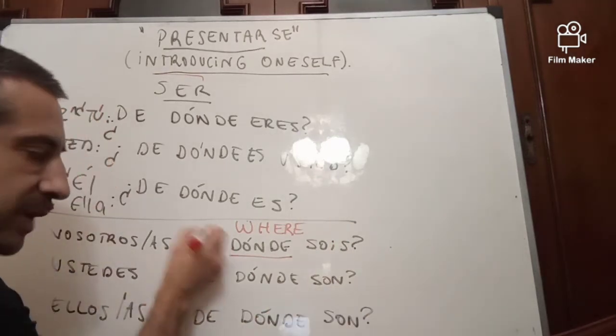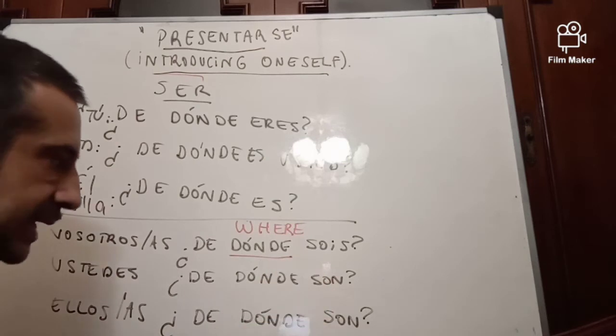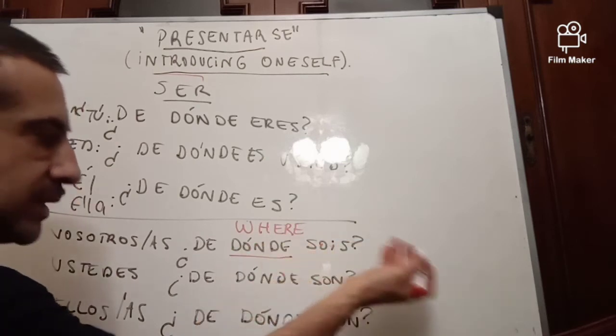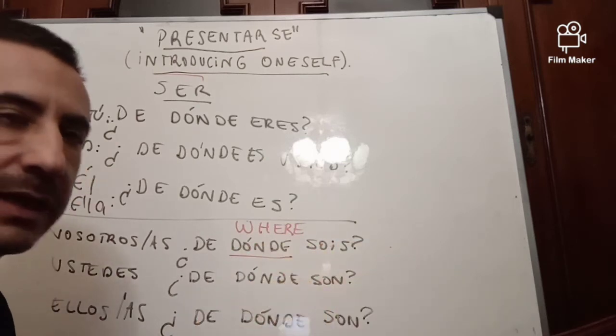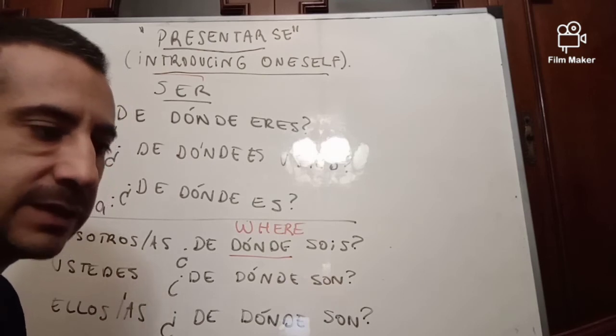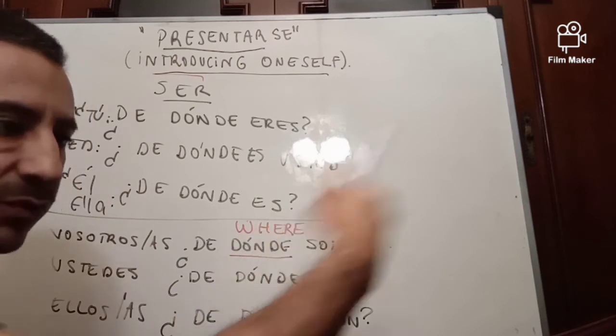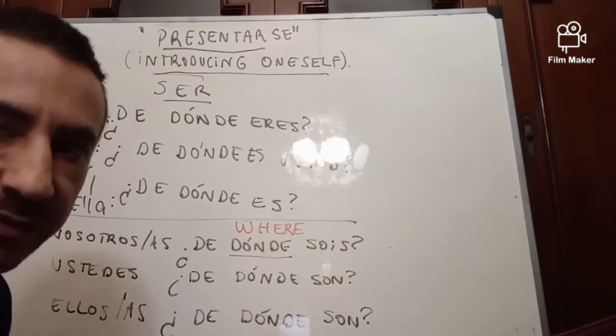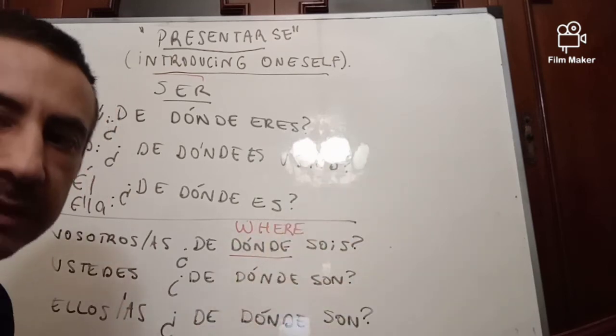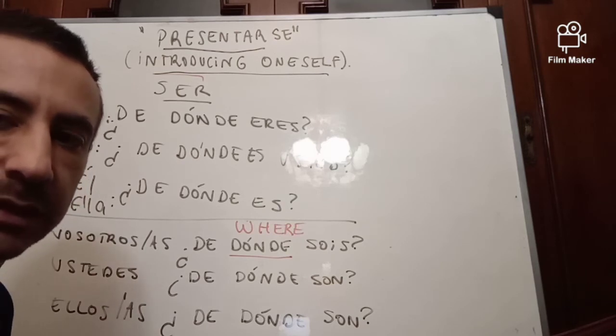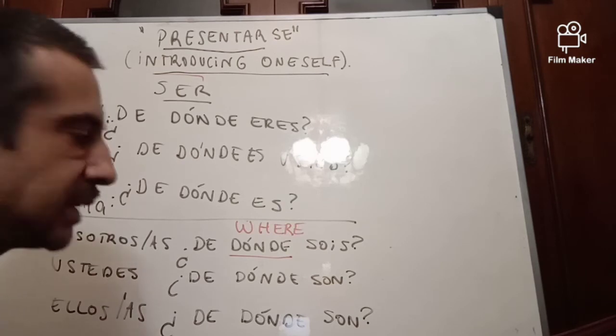Well, we put it at the beginning. We never say "¿dónde sois de?" And English speakers never say "from where are you?" Where are you from? It's just a matter of grammar. Each language has its own grammar system.